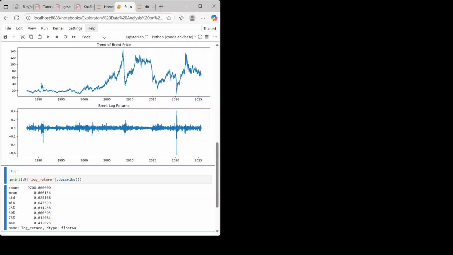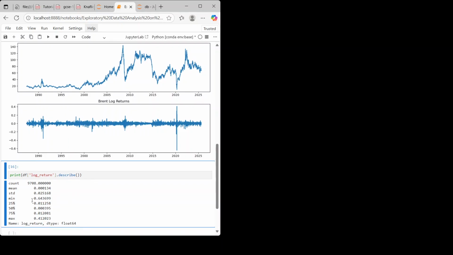It's slightly positive, and it's very low, just slightly. So 50% of the time, if there's any shock, it's likely to go up or down.